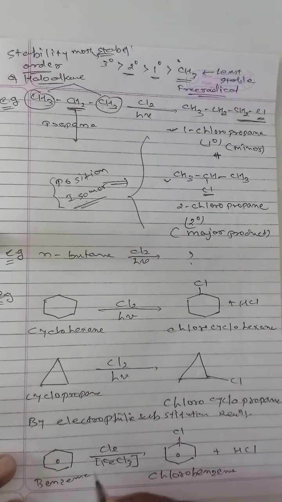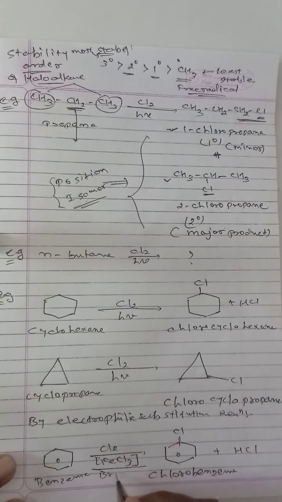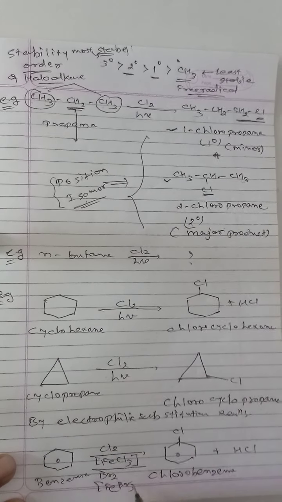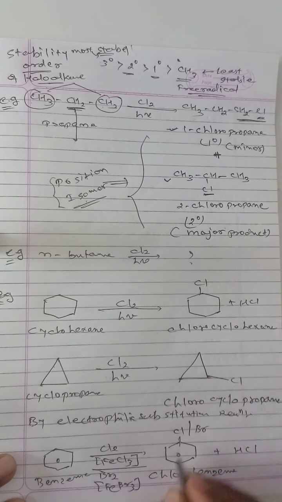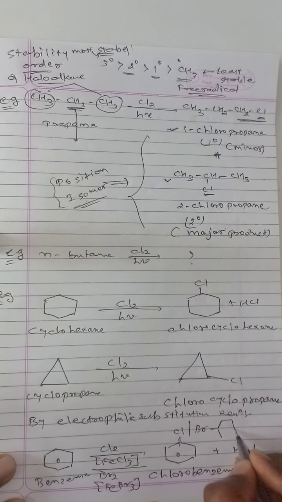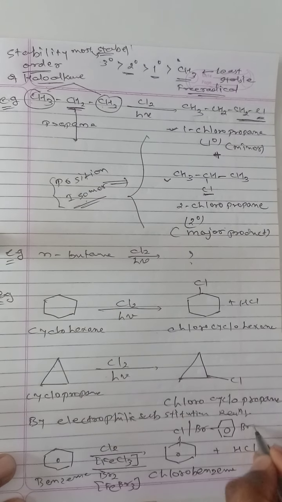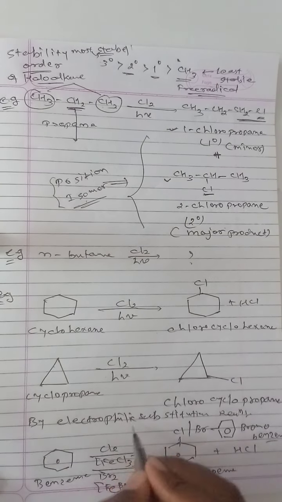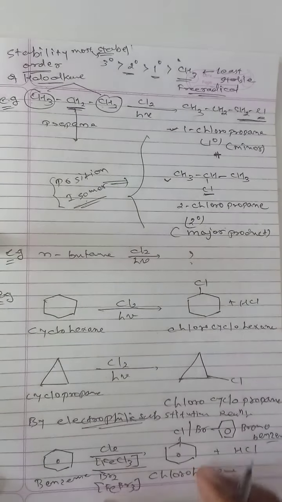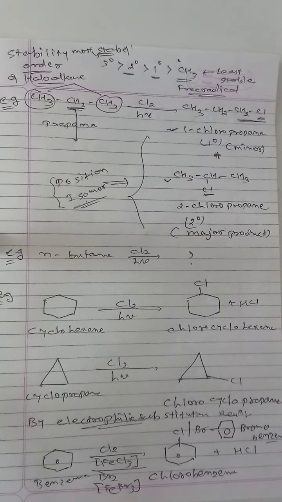Or suppose here bromination, benzene on bromination in presence of FeBr3, you will get bromobenzene. Okay, so this is for electrophilic substitution reaction.